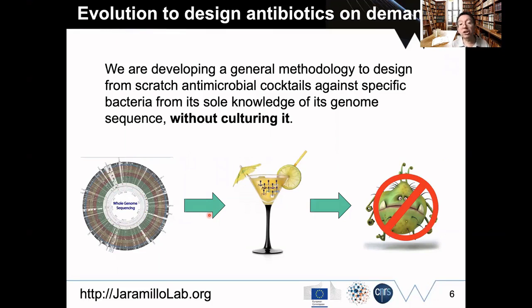And we create a cocktail the same way that cocktails of antimicrobials are used against viruses like HIV, but in our case, it's against this pathogen to avoid the emergence of resistance due to mutations, because nature always finds its way, so we need to counteract that and minimize that. It doesn't mean that we are going to kill resistance forever. We are going to minimize it quite a lot.